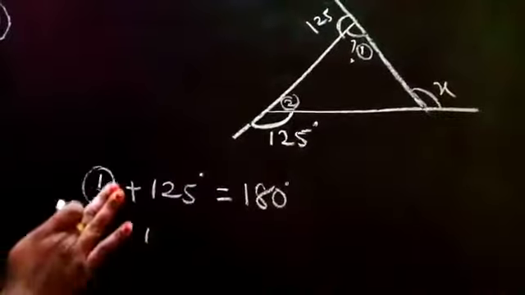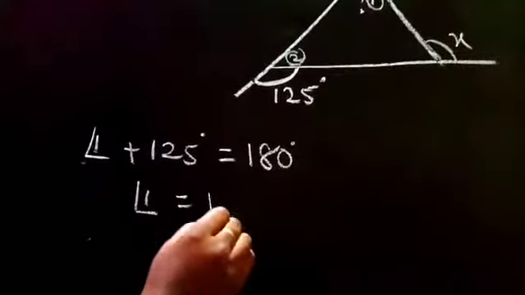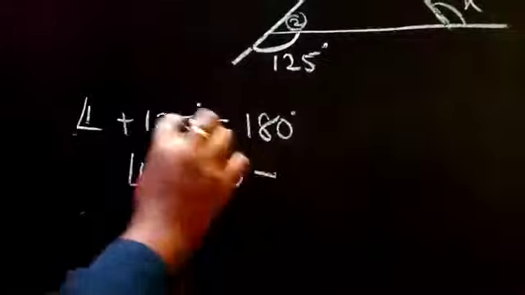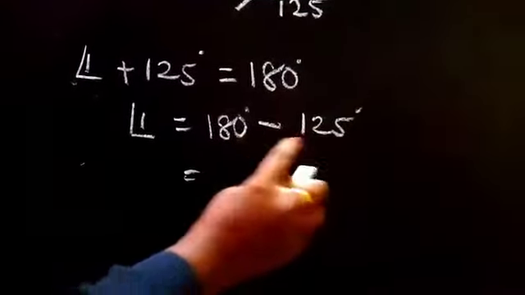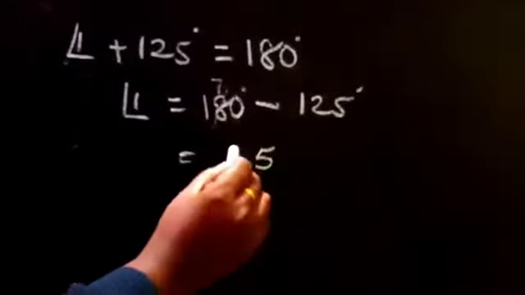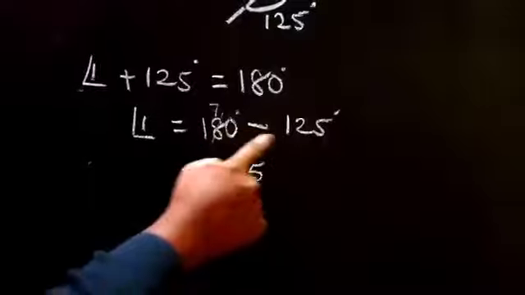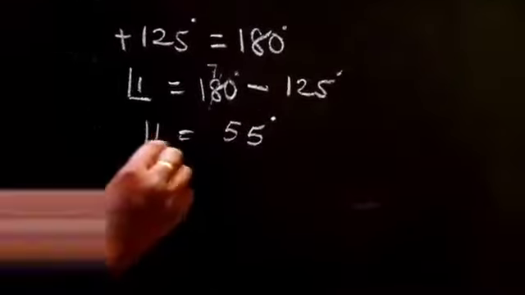So the first angle equals 180 minus 125. Now 10 minus 5 is 5. It will become 7, 7 minus 2 is 5. 1 minus 1 is 0. So 55 degrees is the first angle.